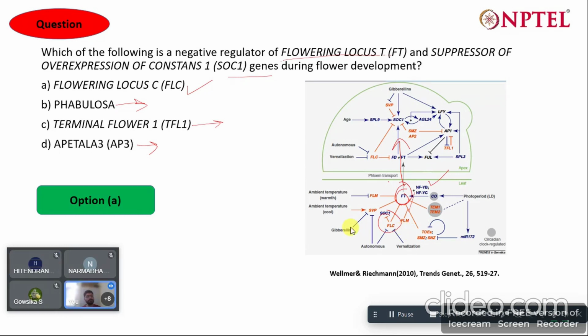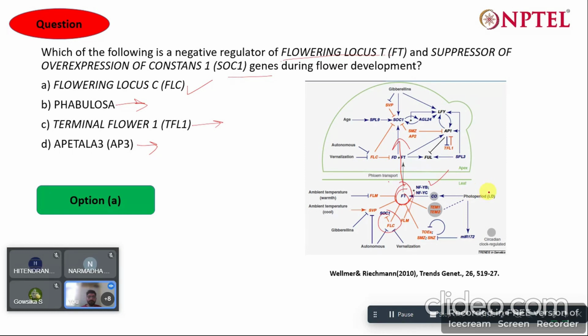Okay, so in the case of the photoperiod, the timing of the daylight controls all the phenomena that are happening in the plant. If it is a long day plant, the amount of sunlight it needs to flower is more.